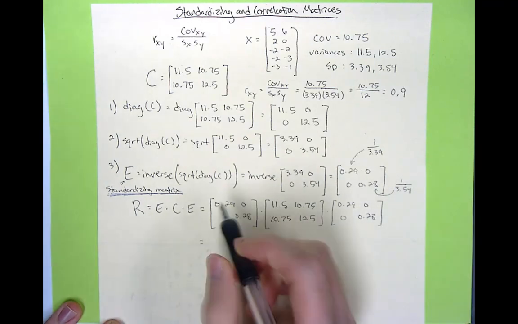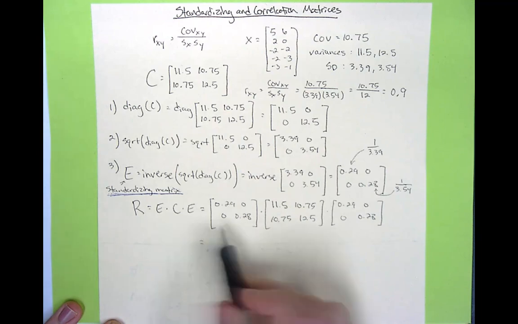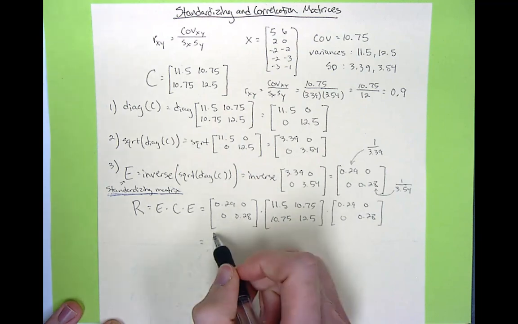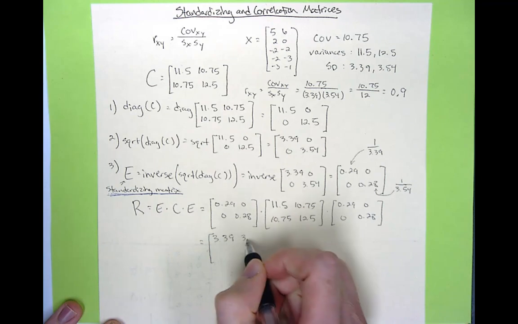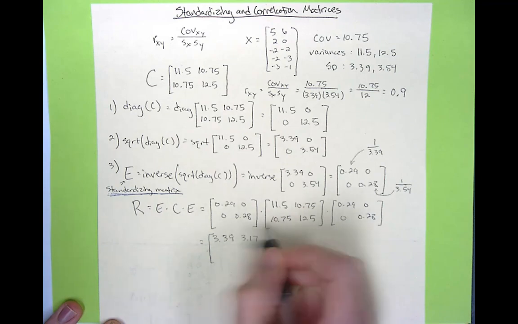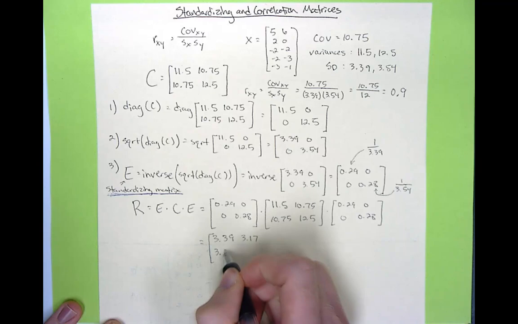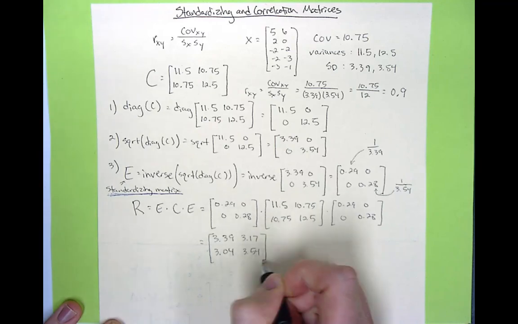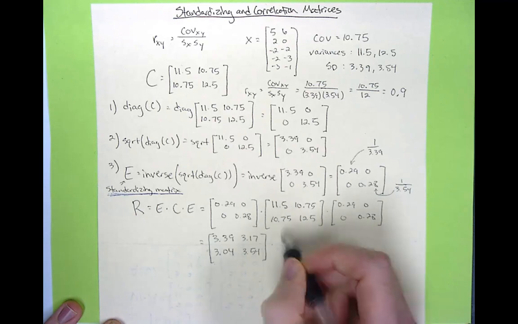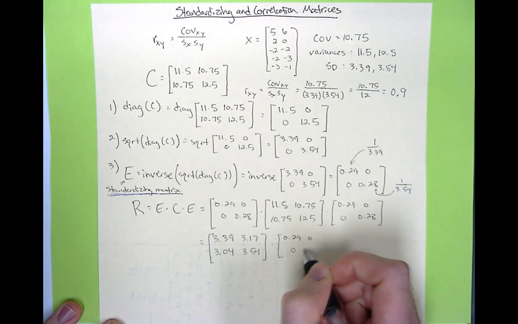And simplifying that, let's get E times C first here. We get 3.39 and 3.17 when you multiply these two together, and 3.04, about 3.54. And then post multiply that by E.